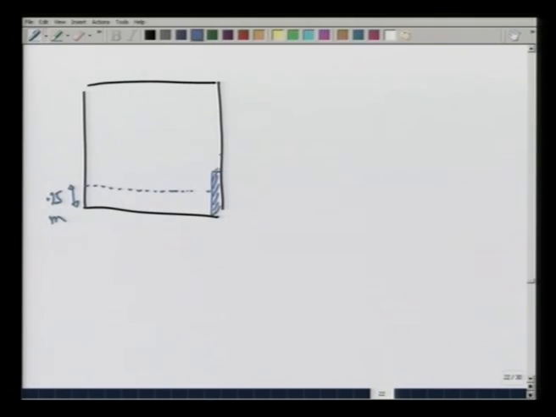In that case, I want you to calculate the force on A and the force at this wedge B holding the door. This will be slightly different from the problem that we just solved, because the surface of water is below this point and the loading is going to be triangular from this point onwards. I will leave it for you.